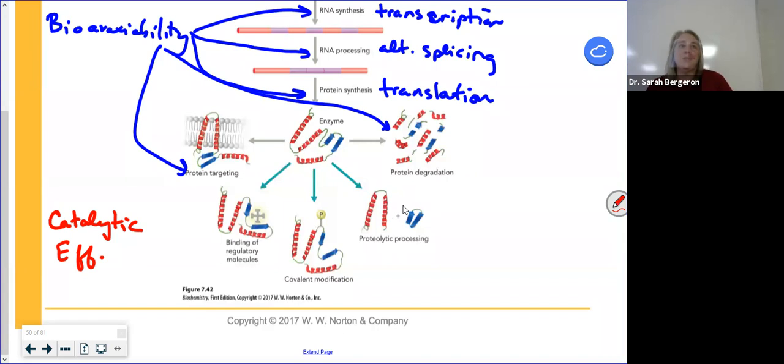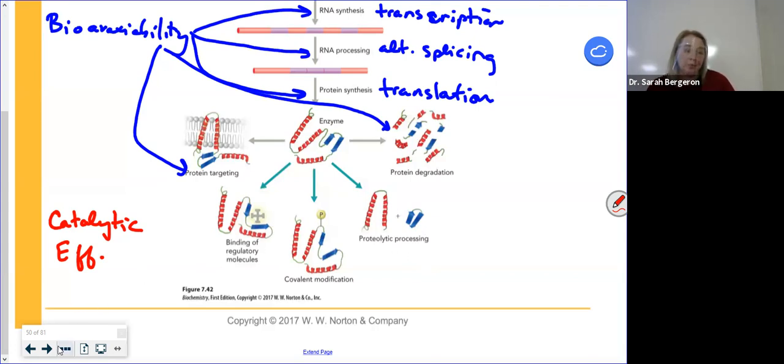Sometimes your protein is made and it has a piece attached to it, and with that piece attached, it's not catalytically active. Under certain conditions, like low pH, it undergoes a conformational change and auto-cleaves itself. Now that that regulatory piece is gone, it can function, right? So these three at the bottom all control catalytic efficiency.